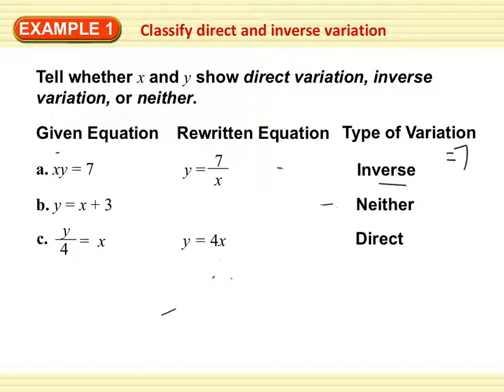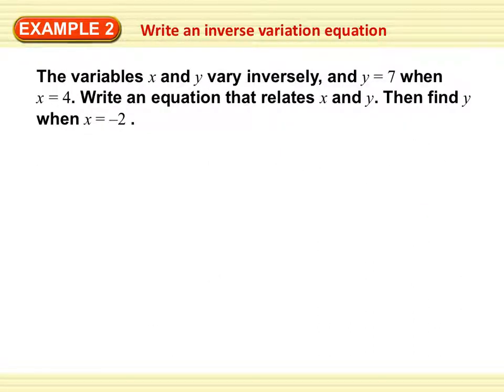All right, good job. The two variables x and y vary inversely. So we have y equals a over x, and y equals 7 when x equals 4. Write an equation that relates x and y, then find the value when x equals negative 2. So here's my equation when x and y are given.